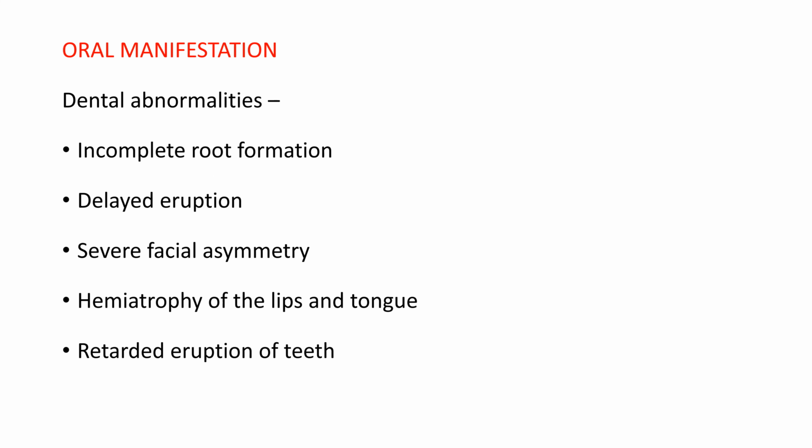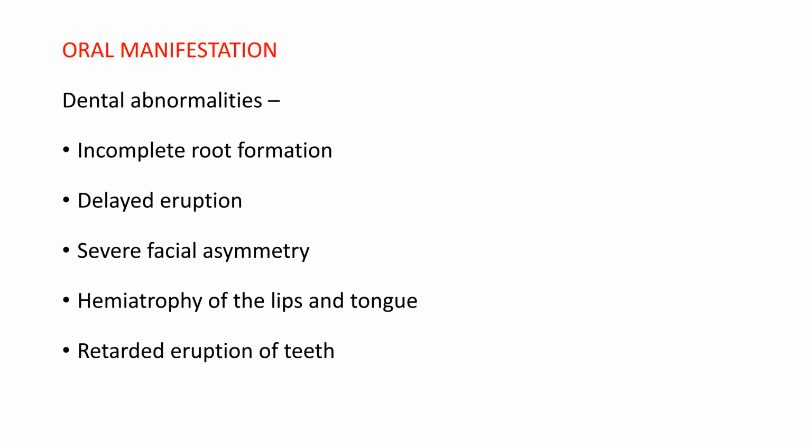For example, the permanent maxillary central incisor erupts at the age of 7 to 8 years. In case of facial hemiatrophy, it may erupt at the age of 9 to 10 years or 10 to 11 years. So that is delayed eruption.